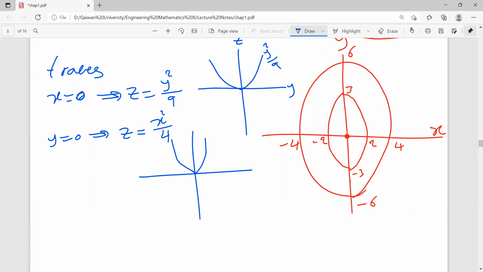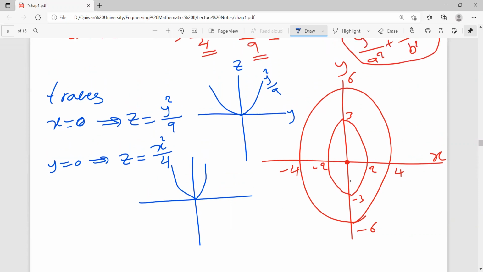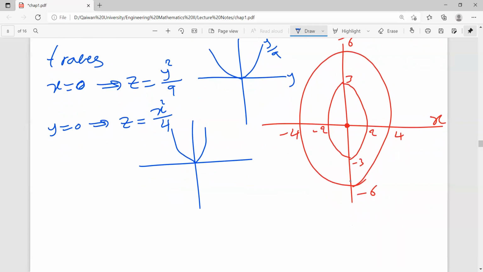Then y squared is 0, and y squared over 9 is still 0, because 0 squared is 0 and dividing by 9 is still 0. So we get 0. This is the graph of x squared over 4.